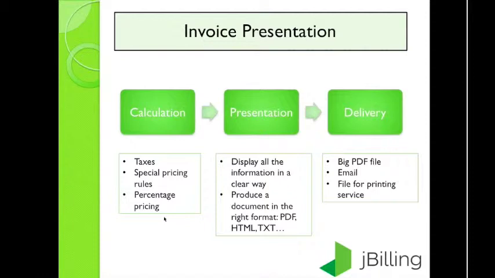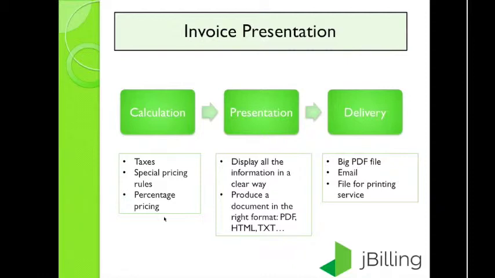There might be special pricing rules that can only be applied at the time of invoicing. And, for example, percentage pricing typically needs to be calculated at the very end, meaning when we know all the charges that the invoice is going to have, then we can calculate percentages and have those invoice lines in place.